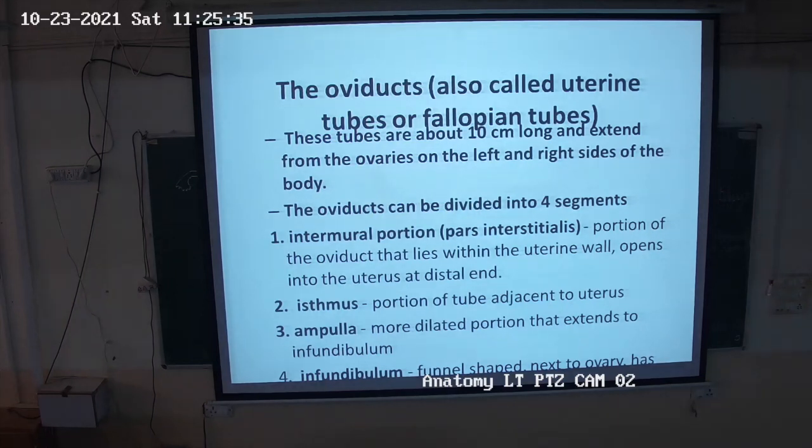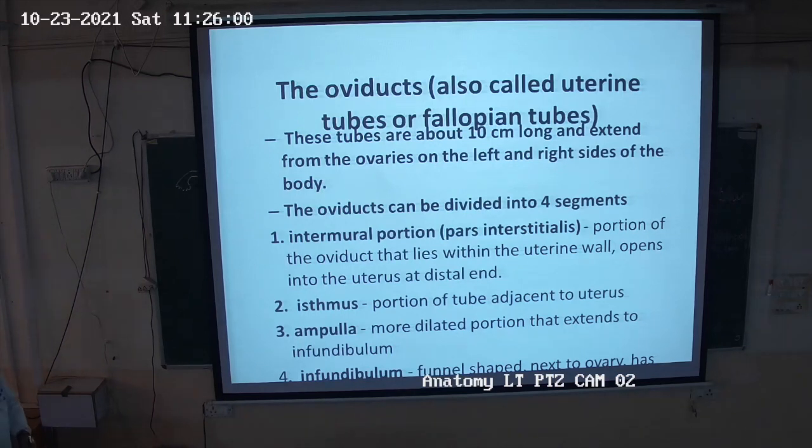So what are the parts of the fallopian tube? First remember the part that is inside the uterus, the intramural part. Then there is a narrower part known as the isthmus. Then a dilated part where fertilization takes place, known as the ampulla, and the distal part is the infundibulum. Now the epithelium of the fallopian tube is simple columnar ciliated epithelium.